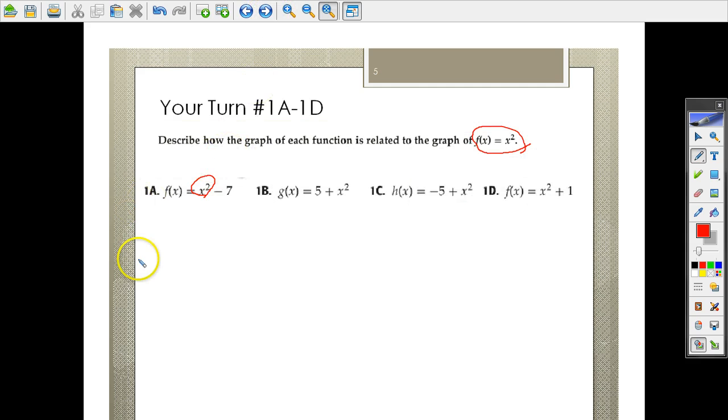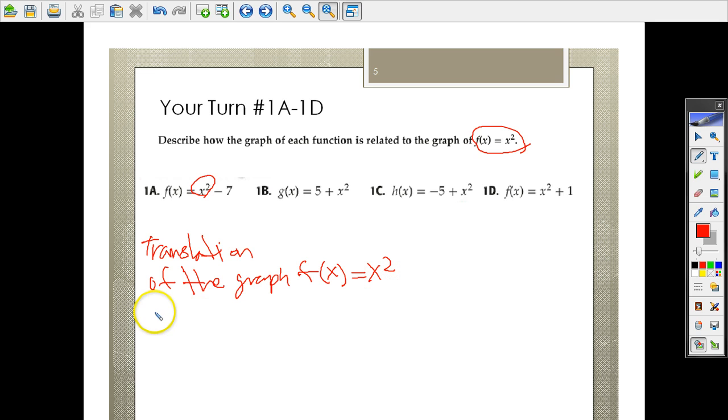So here you can say translation of the graph f of x equals x squared 7 units down, since it's a negative 7. So there's your answer for 1a.